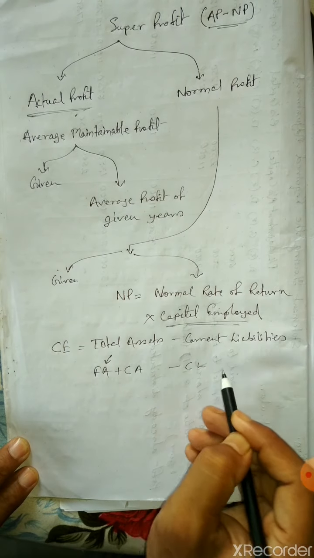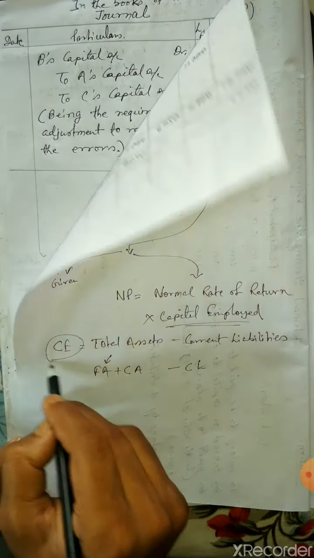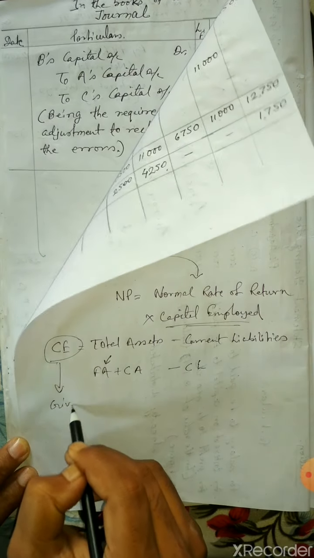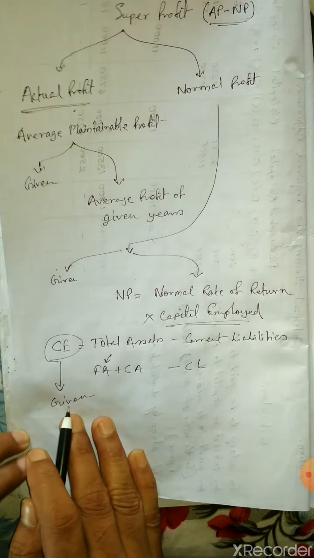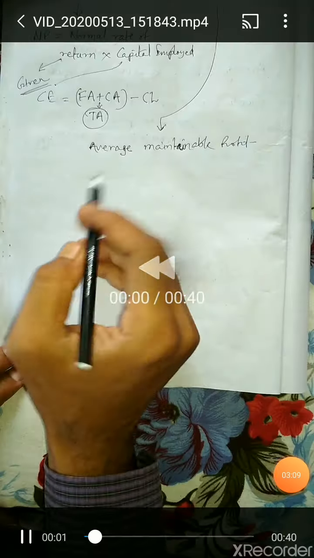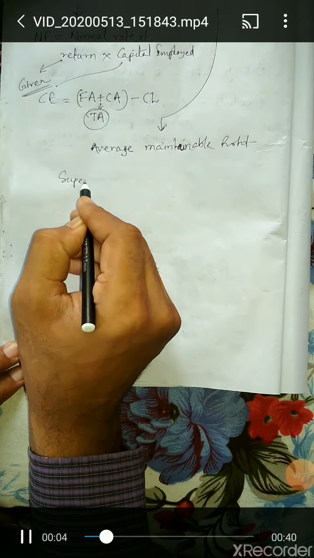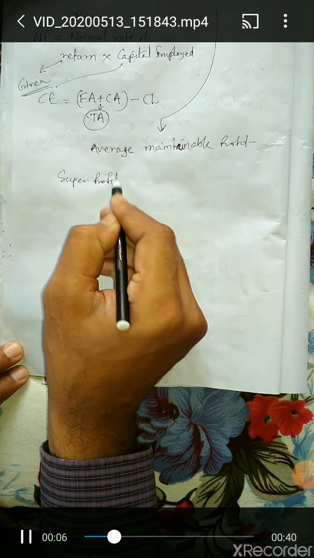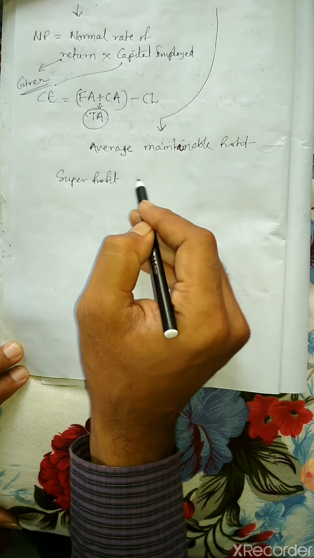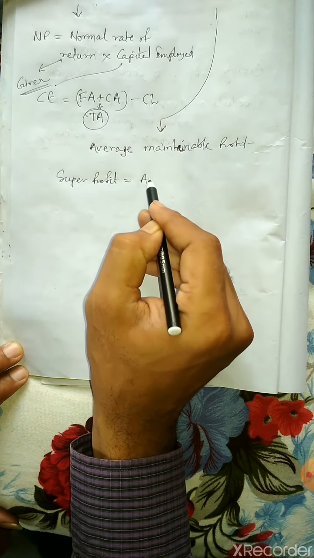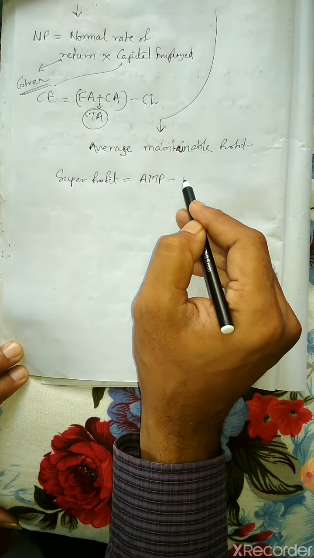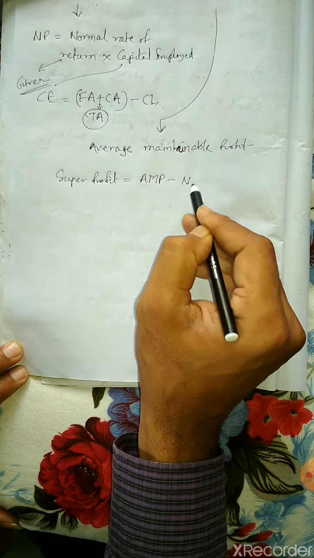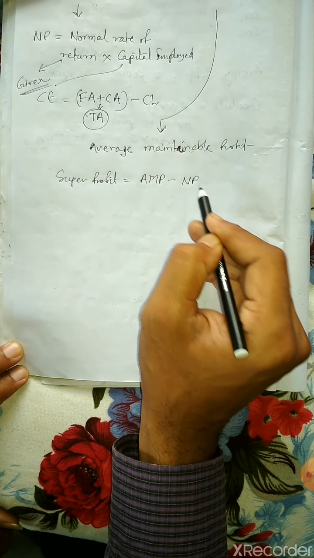If you subtract current liability from the total of fixed assets and current assets, you will get capital employed. But generally, it is given. When you get both the things, average maintainable profit and normal profit, then you need to calculate super profit. Super profit equals average maintainable profit, I have written in short AMP, minus normal profit.